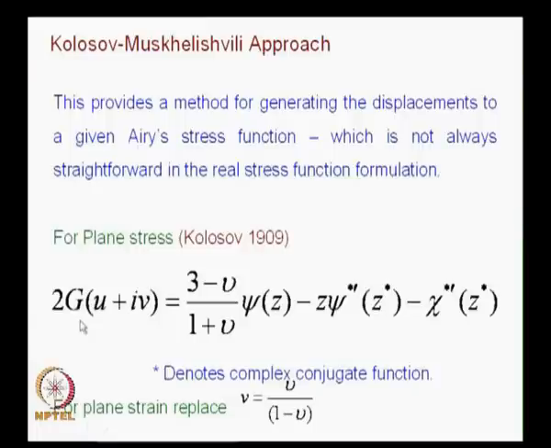That is the difference. In the Kolosov-Mushkelishvili approach, they first give the advantage in determining the displacements, and only then write the stress field in terms of psi and chi. The first quantity they write is the displacement.